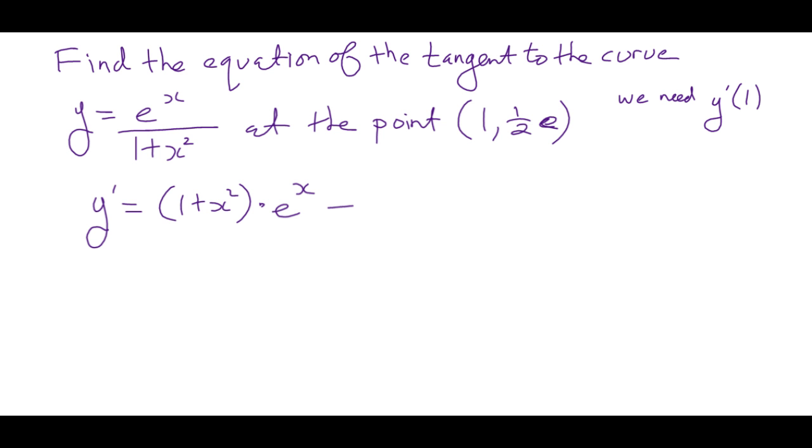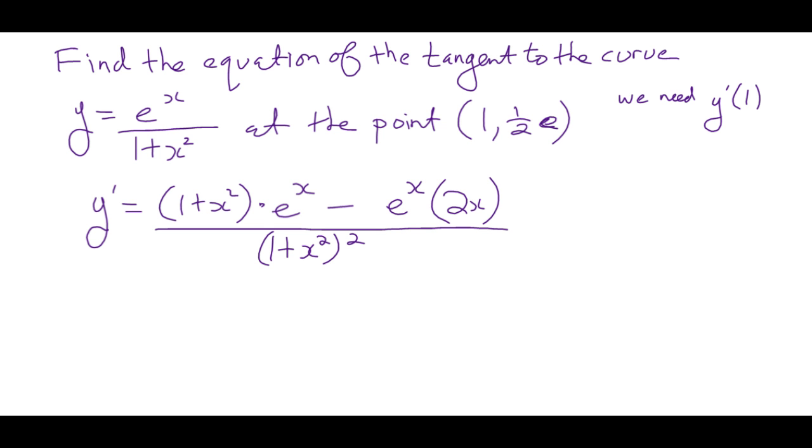When you see an expansion of a quotient, you should see the denominator times the derivative of the numerator, which means e to the x must be the derivative of the numerator, minus the numerator times the derivative of the denominator, which is 2x, over the denominator squared, right?